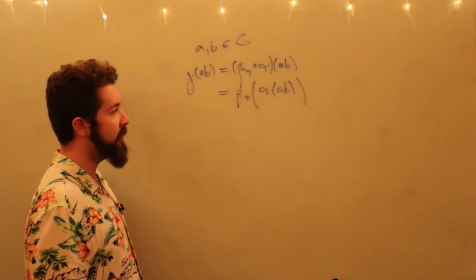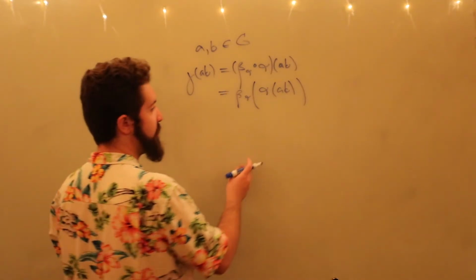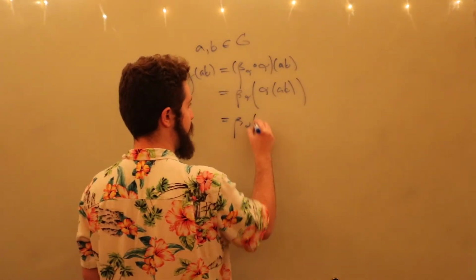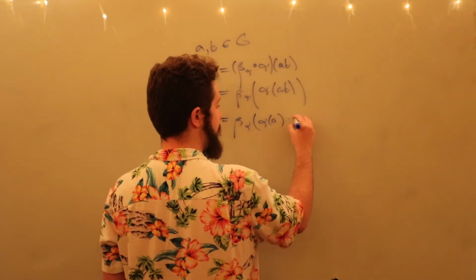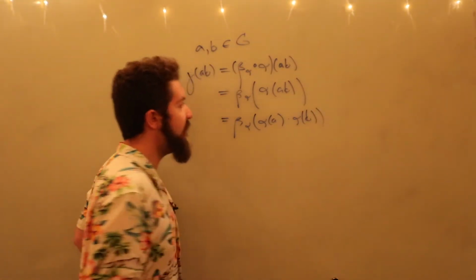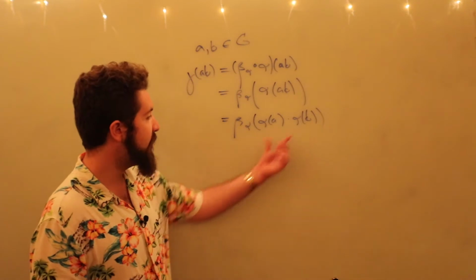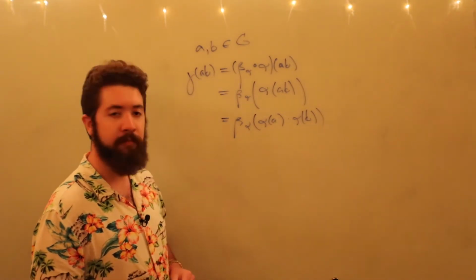And we know that alpha of AB is going to be equal to alpha of A times alpha of B, because alpha was assumed to be a group homomorphism, so it is operation preserving.